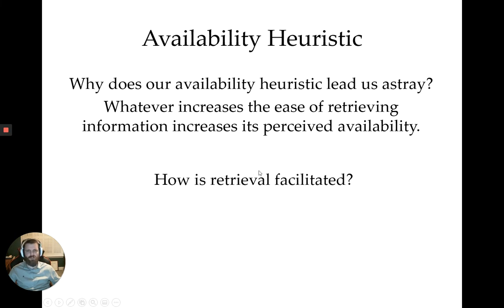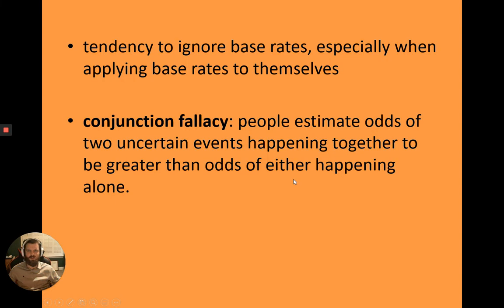There's some more stuff on availability heuristic. All right, I already kind of covered this. We have a base rate fallacy where we tend to apply base rates to others, but ignore the base rates applying to ourselves at the same time. So, for example, right now coronavirus is actually a perfect example.